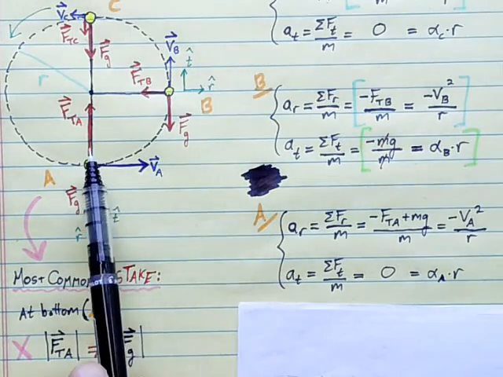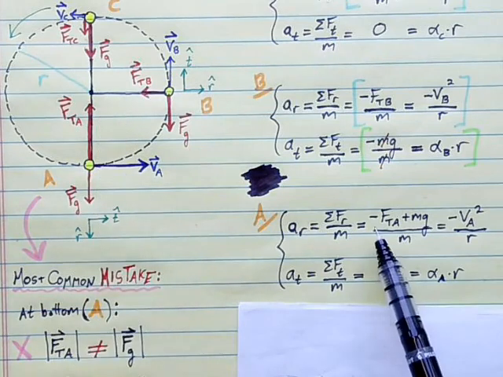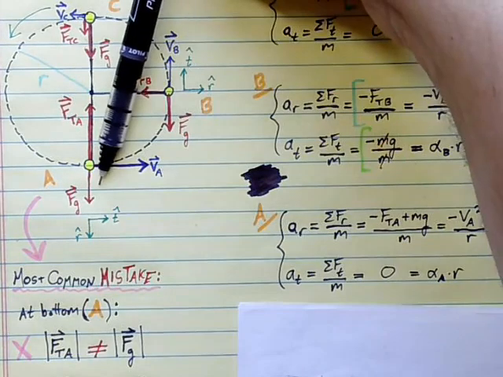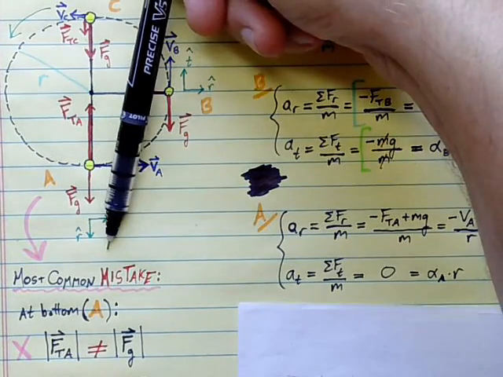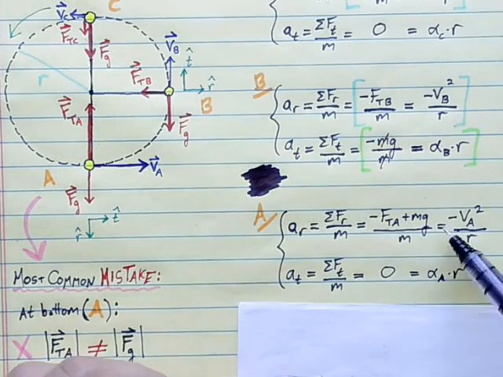So this tension is actually in our negative radial direction, that's centripetal, so minus F_T. It's your job to put that minus right there. Whereas our force of gravity, it's down, but that's in our positive radial direction, r hat direction, so plus mg right there. And set that equal to minus v squared over r.